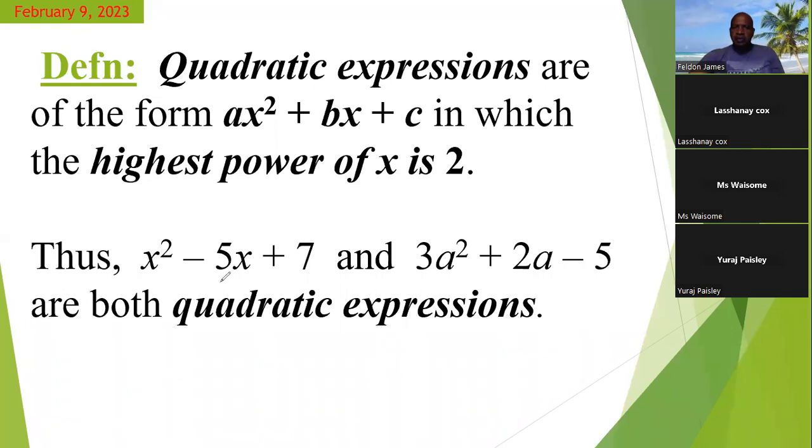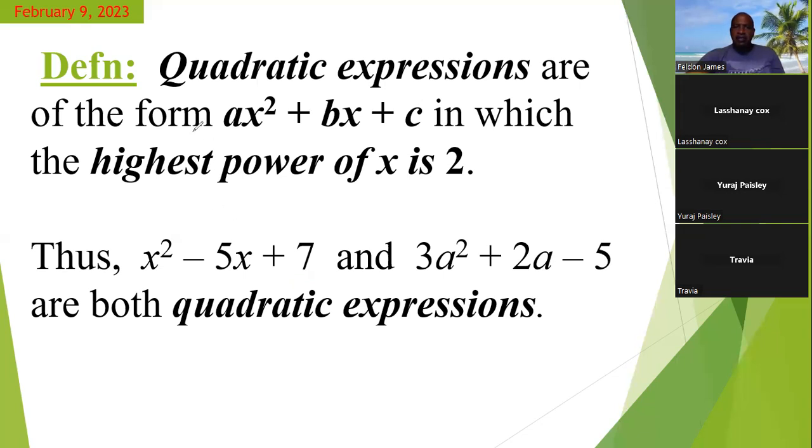What would be the number in front of the x? 1, sir. This x here, what would be the number? 5. It would be not just 5, but -5. And then what would be the constant? The constant would be? 7. Which is a number by itself.